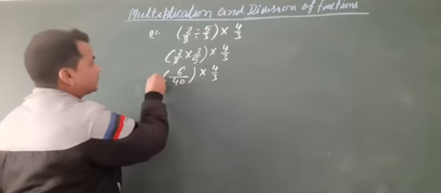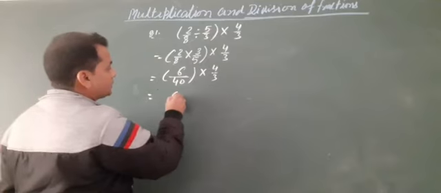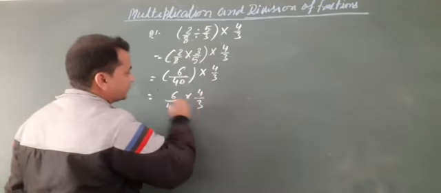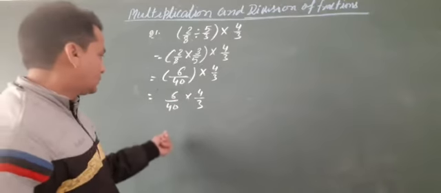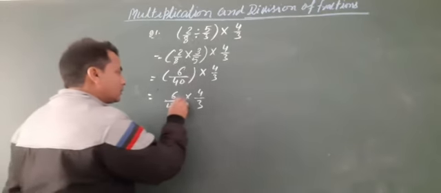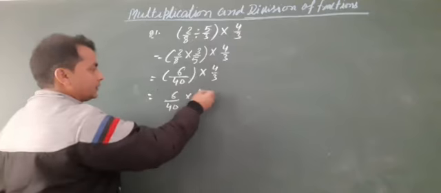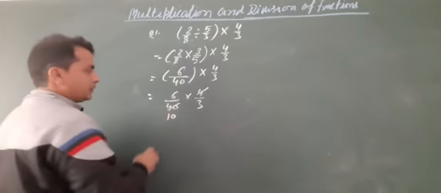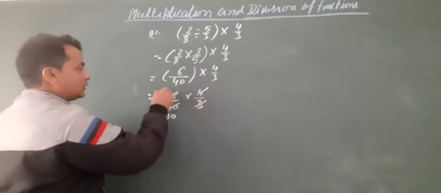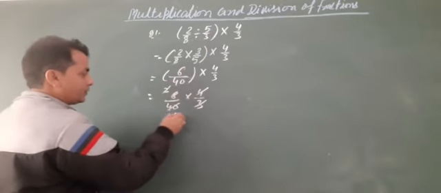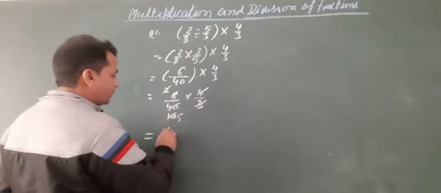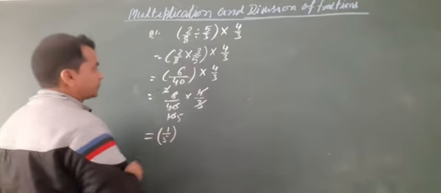Next step, 6 by 40 into 4 by 3. Then simplify this fraction: 4 divided by 10, and 3 to the 6 and 2 5. So the answer will be 1 by 5.